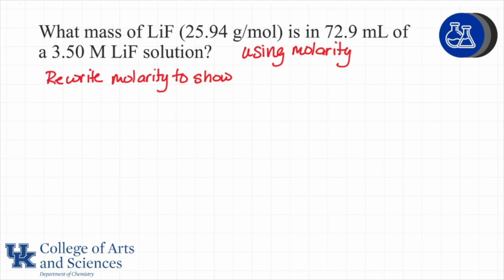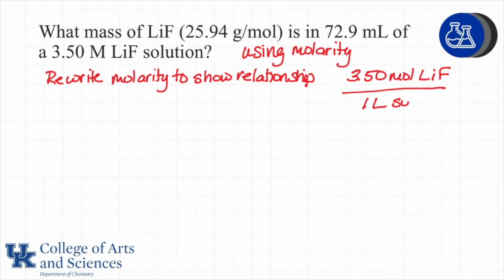First, we want to rewrite the molarity to show the relationship clearly. 3.50 moles of LiF per 1 liter of solution. Now it's much easier to see the relationship. We have 25.94 grams per mole, or the molar mass of LiF. That's a relationship. 72.9 milliliters is a simple unit. So we're going to start with that.